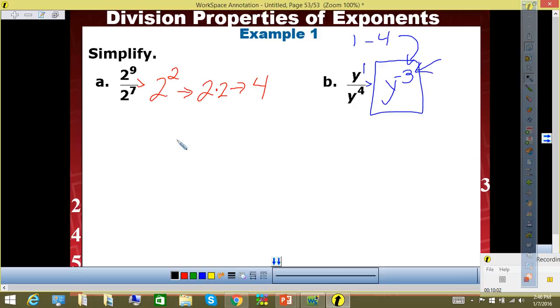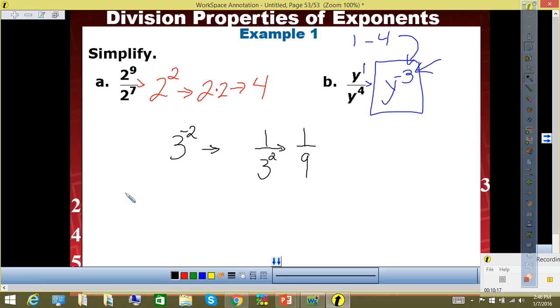Whenever you end up with something like this, for example, 3 to the negative 2, from now on, this becomes 1 over 3 to the second, which becomes 1 over 9. Some of you are saying, but why, Mr. Q? Let me show you.